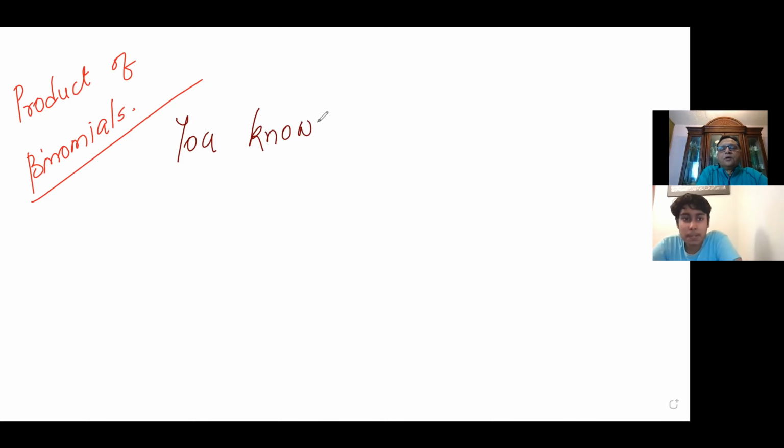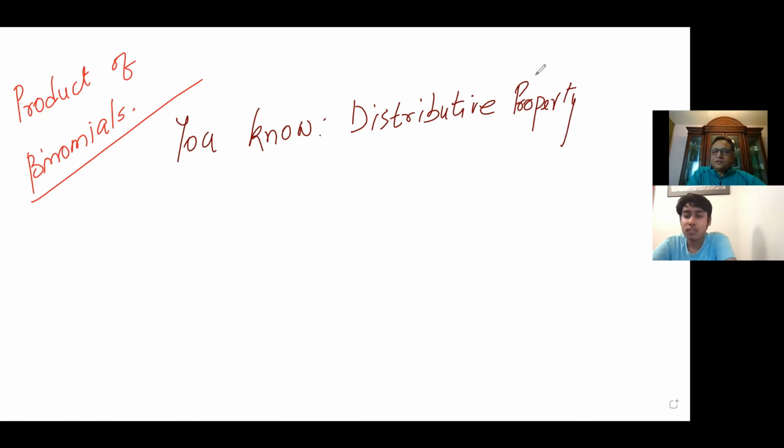What you know is distributive property. And then we also learned about FOIL: first term, outer term, inner term, and last term. So what you know is distributive property.